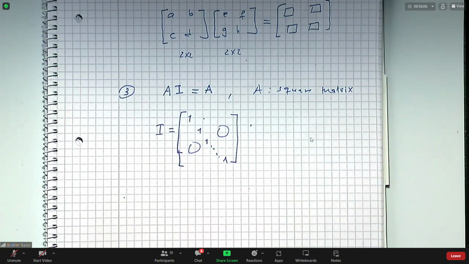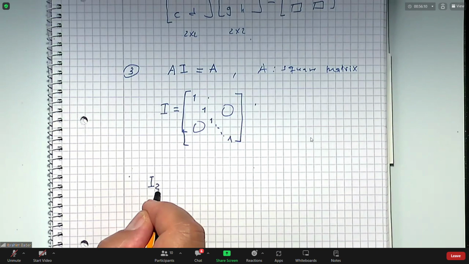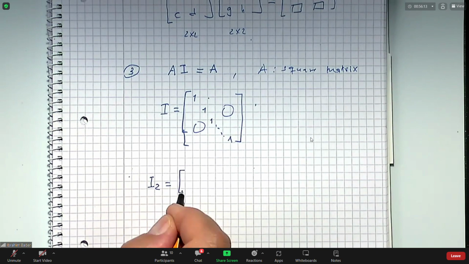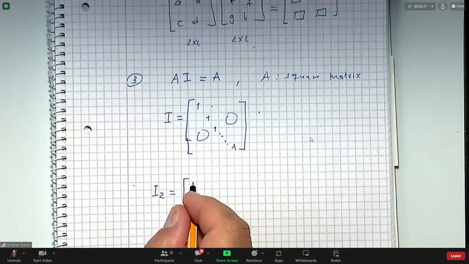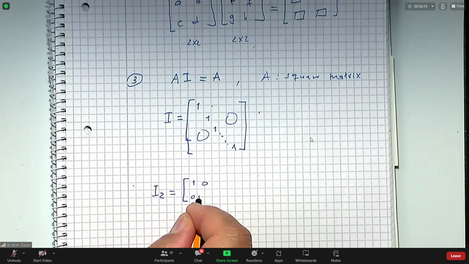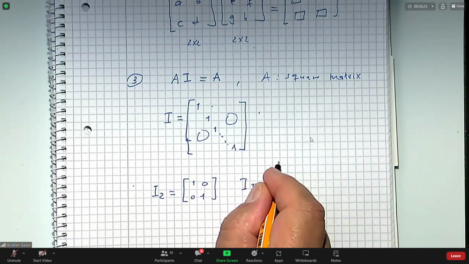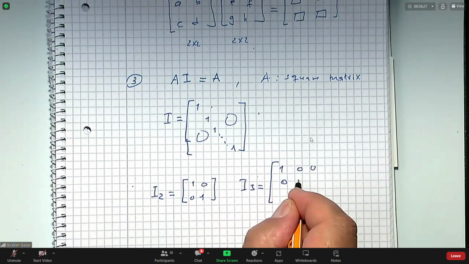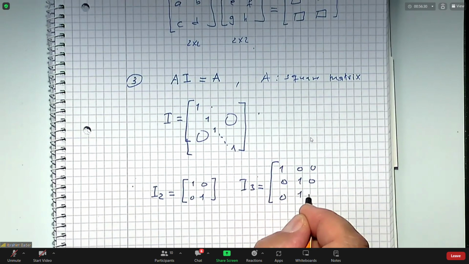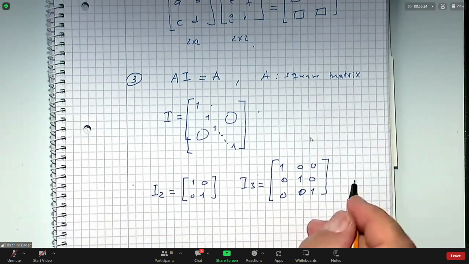For instance, we will be using I2 for this identity. I don't know whether you can see this. Yes, okay. So 1 0 0 1. Okay. I3 is equal to 1 0 0 0 1 0 0 0 1. Okay, and so on.